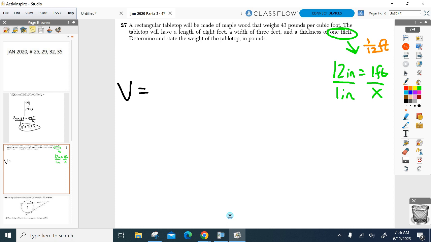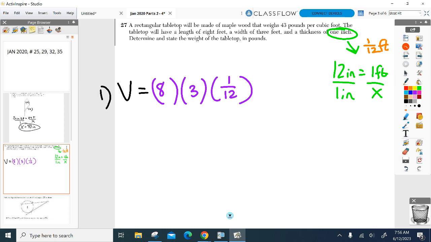Make sure all the units are the same before you find the volume. Now we can go 8 times 3 times 1/12. So the volume is 2 cubic feet.